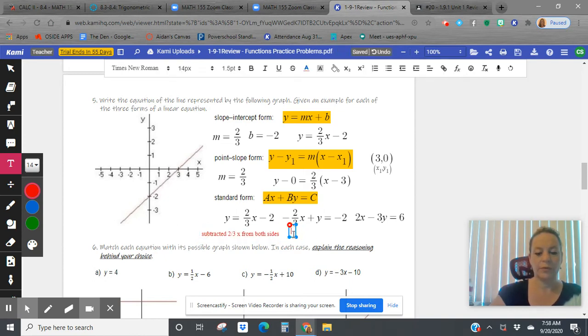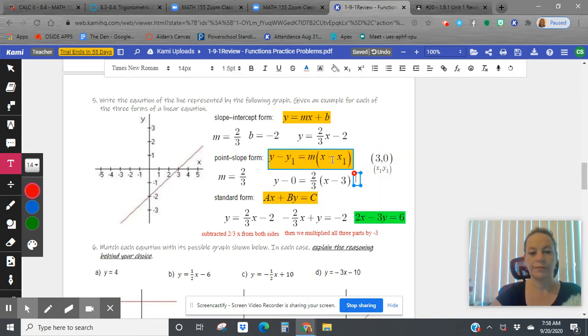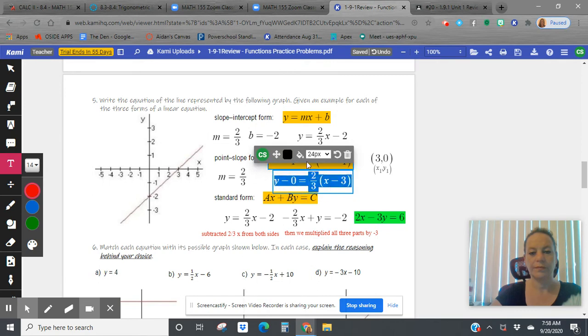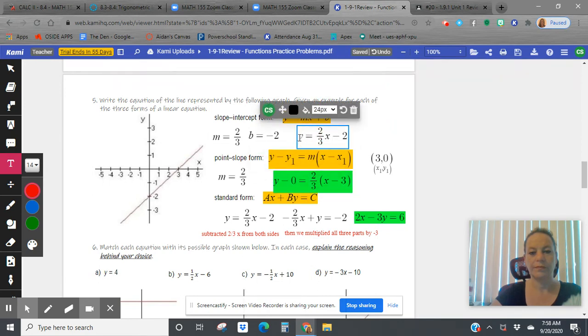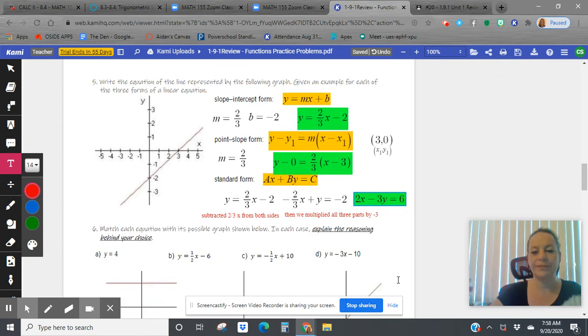And then right here, we multiplied both sides, all three parts, by -3 to get our final answer. And those are our three forms of the equation.